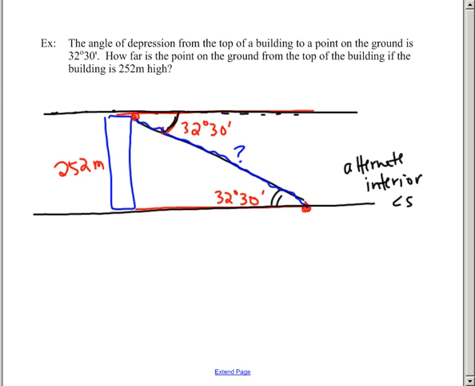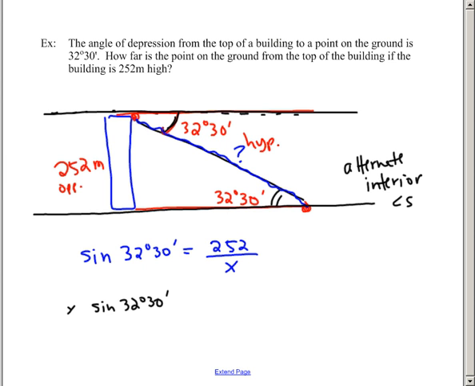Now, given this angle, I have the side opposite, and I need the hypotenuse. Well, opposite over hypotenuse sounds like sine. So sine of 32 degrees and 30 minutes is equal to opposite over hypotenuse, which is what I'm looking for. Well, this would be sine of 32 degrees, 30 minutes times x equal to 252.